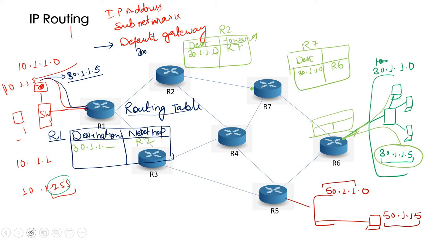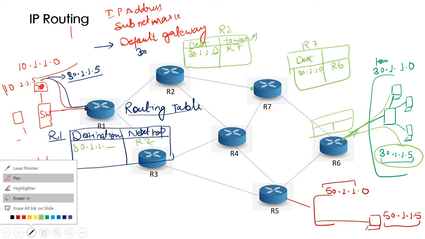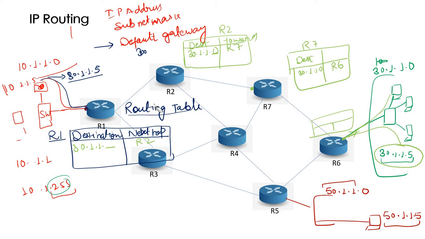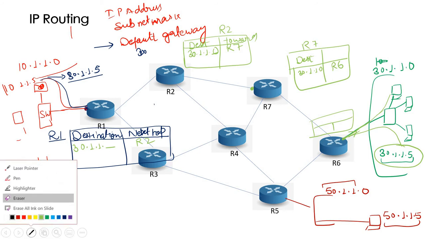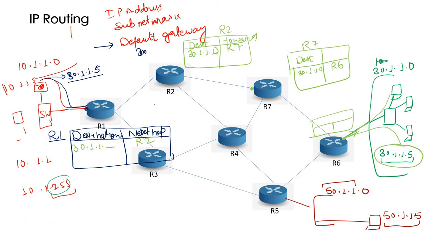Okay, so let me clear it once again. I just want to explain again what I am doing, so that you can learn very well. Let me take the example of a packet. Let me take the black color this time.